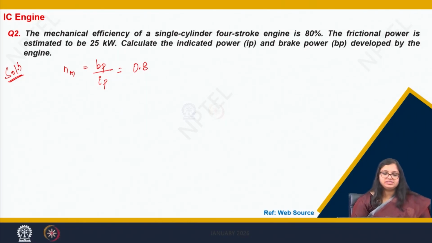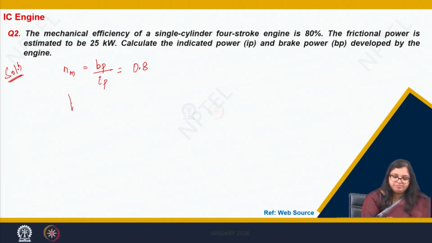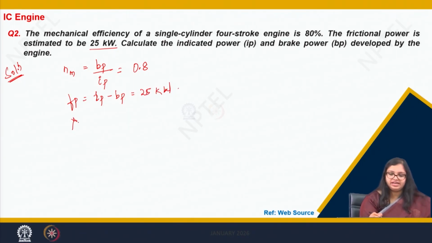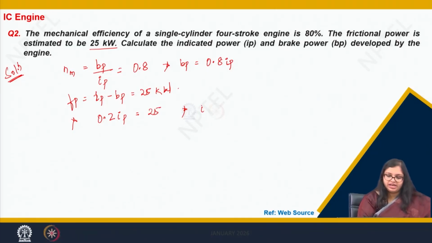The frictional power Fp is given as 25 kilowatt, that is Ip minus Bp is equal to 25 kilowatt. So I can write my Bp is equal to 0.8 times Ip, so 0.2 Ip is equal to 25. So my Ip comes out to be 25 by 0.2, which is equal to 125 kilowatt.